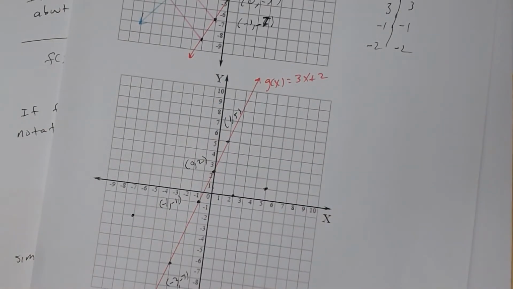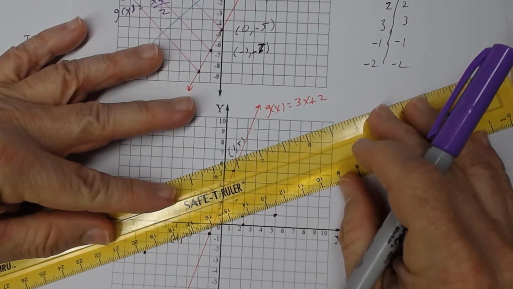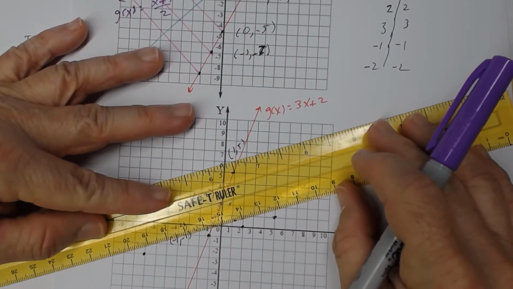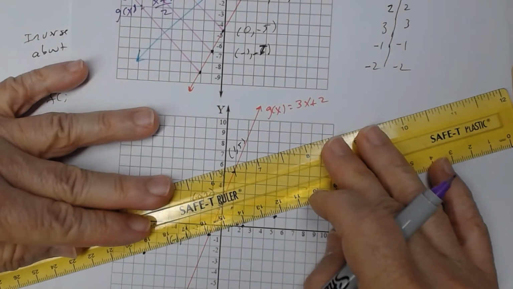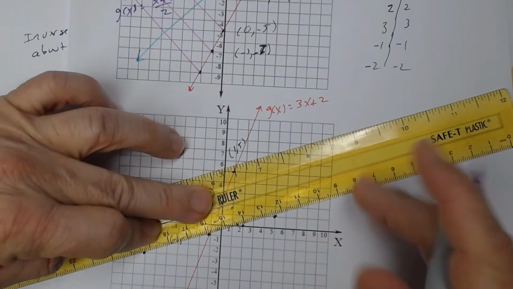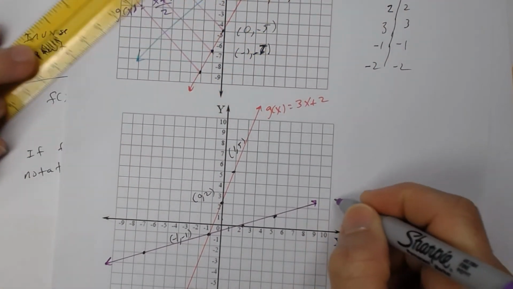And so if I draw that line using the purple color this time, I get this. All right, and that is g inverse right here.